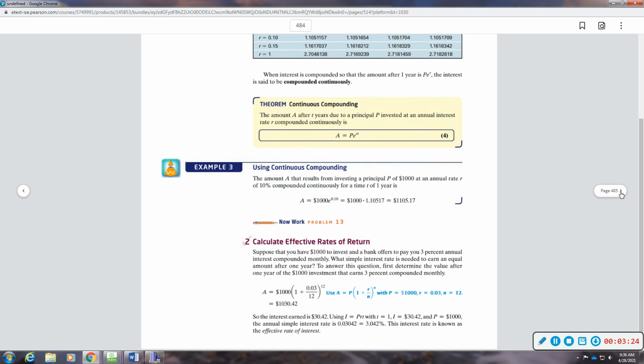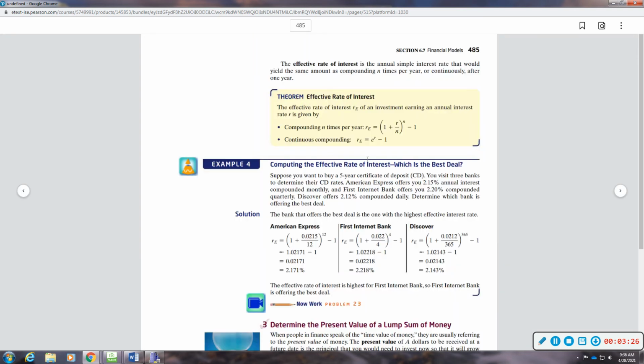Continuous compound formula. And then effective rate of interest, we will use this. So this helps you to determine where you're going to get the bigger bang for your buck. So do take time and look at or take down these formulas, and you have an example here that kind of shows you how this effective interest rate is used.